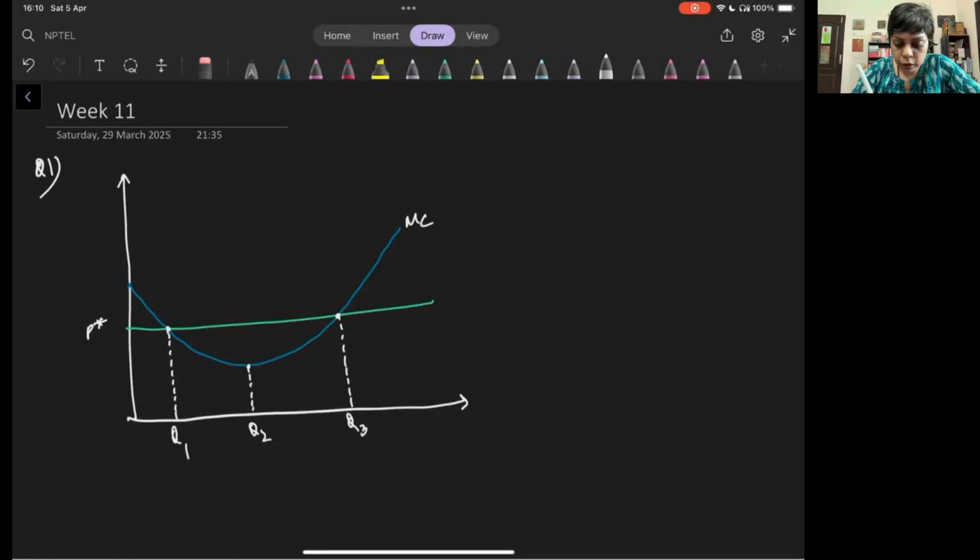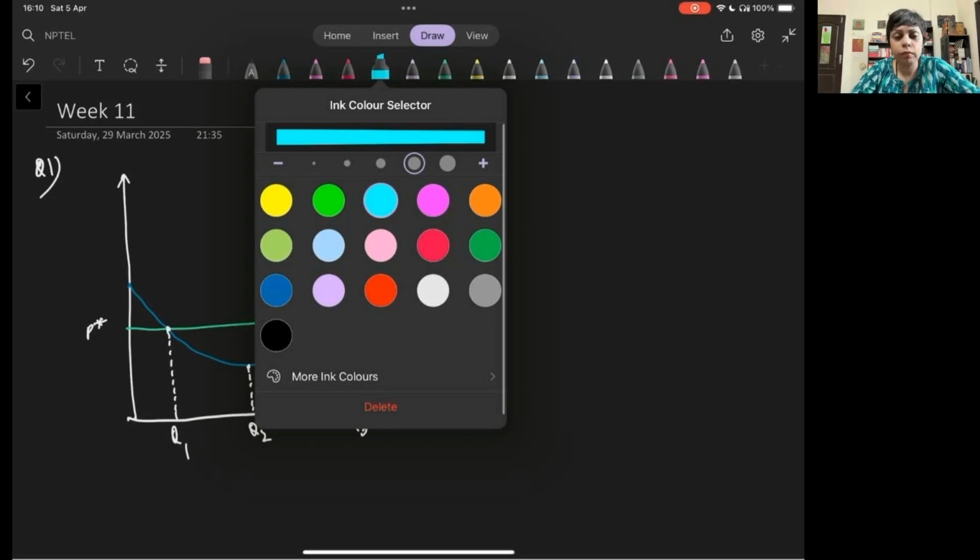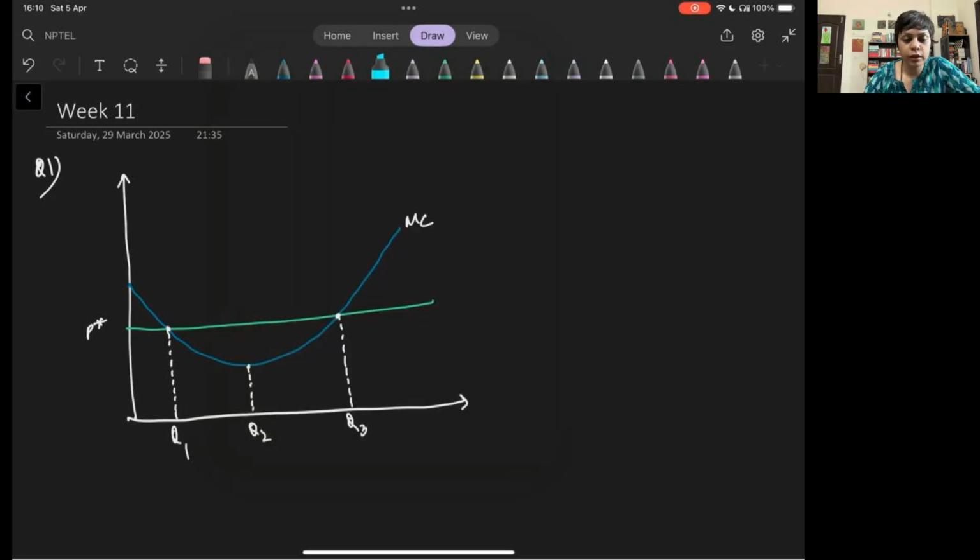Now, if we talk about the first point in the diagram, which is Q1, where quantity is Q1. At this point, the firm's marginal cost is equal to P star. But if the firm thinks, let's try to increase the quantity, then what happens? The marginal cost is decreasing beyond that point, right?